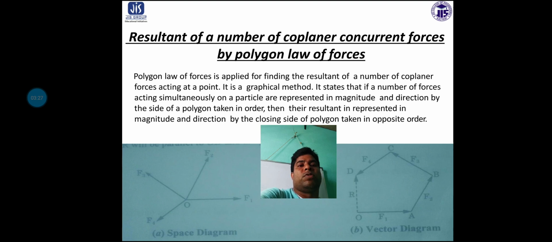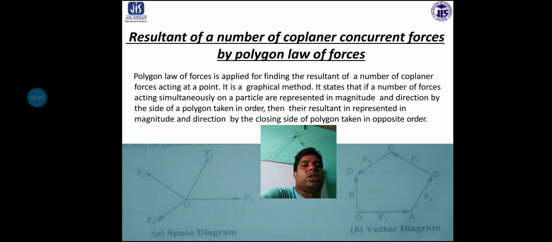The first one is the space diagram, where four forces are acting around the point O. Then the vector diagram: from point O we draw force F1 as OA, then force F2 as AB, force F3 as BC, and force F4 as CD.